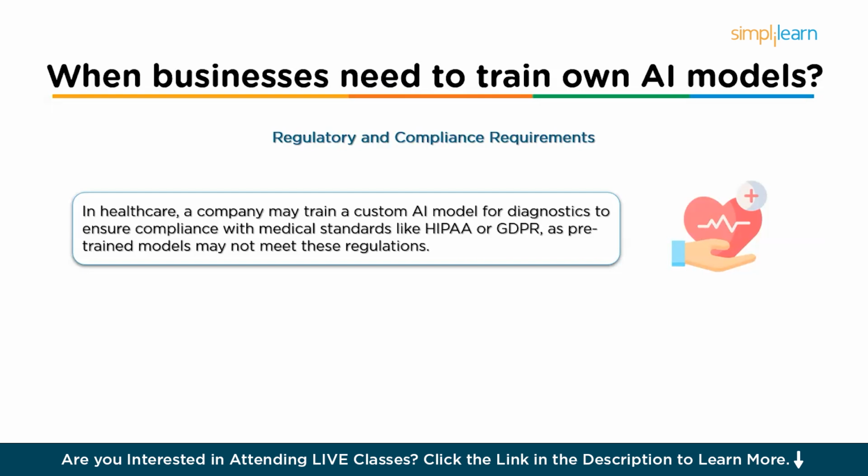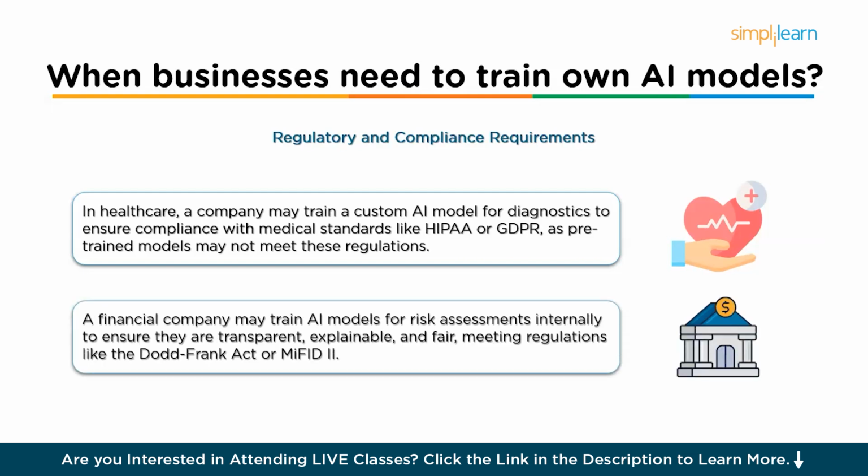So pre-trained models might not meet these standards. So training a custom model ensures compliance with these legal frameworks. Also, a company in the financial industry might need to ensure that its AI models used for risk assessments are transparent, explainable, and fair to meet certain regulations. So training models internally ensures that they can be adjusted to meet these legal requirements.